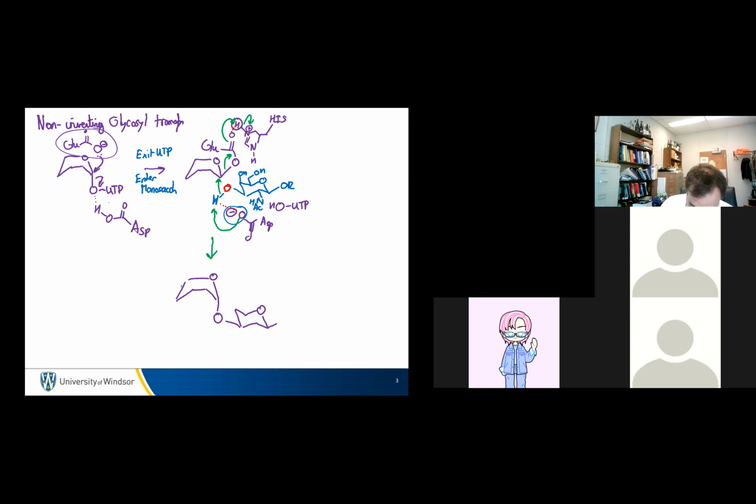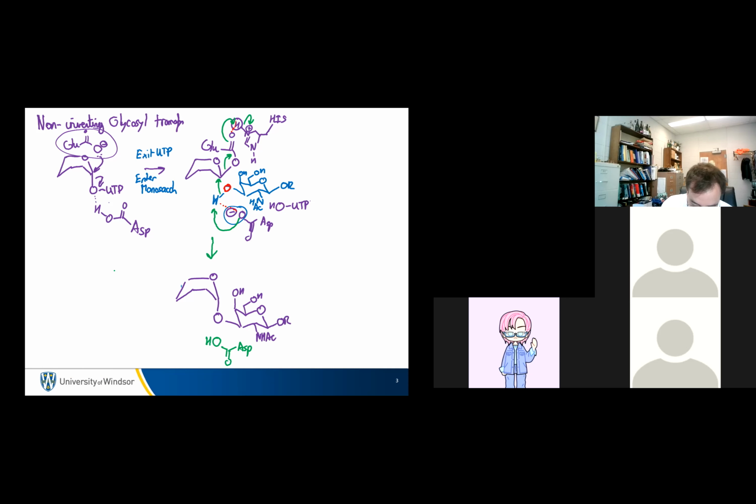now we have our sugar. Our enzyme has now protonated the aspartate. So we've returned this to the original form it was up here. So we'll reset the enzyme.